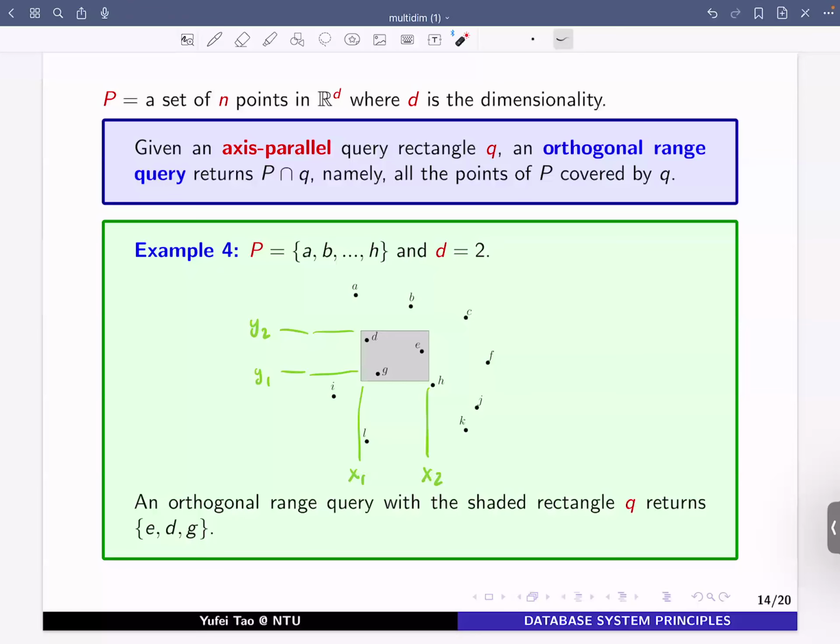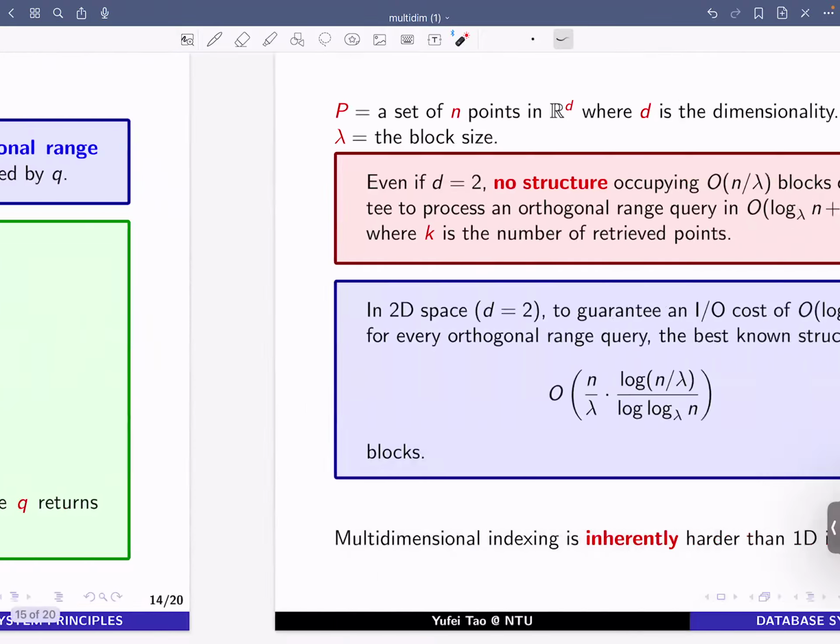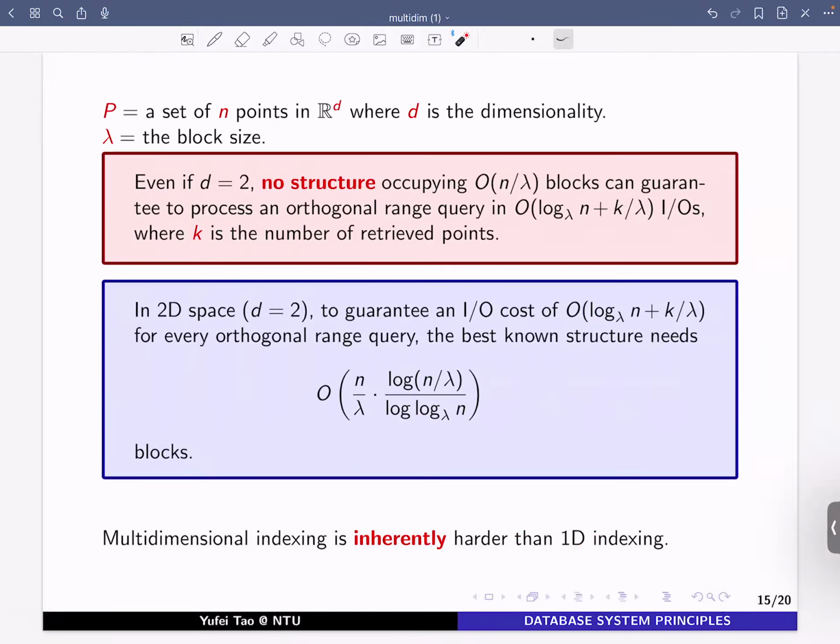Okay. So in this two-dimensional case, what would be the query answer? The query answer involves 3 points, D and E and G. So these are the 3 points to be returned. Good. So ideally, we would like to have a data structure that can do n over lambda blocks, just like the B tree, right?